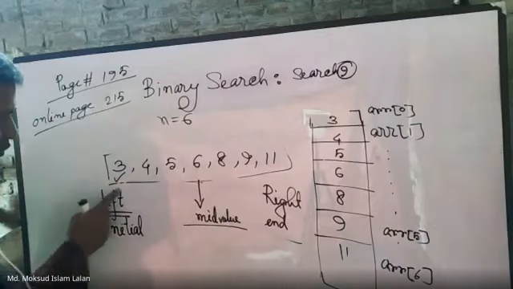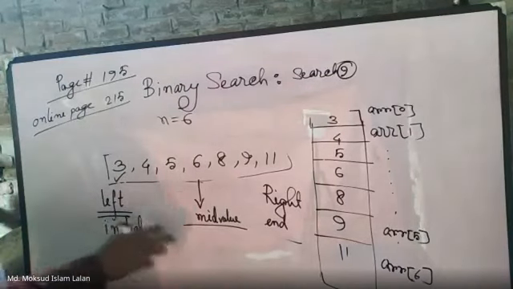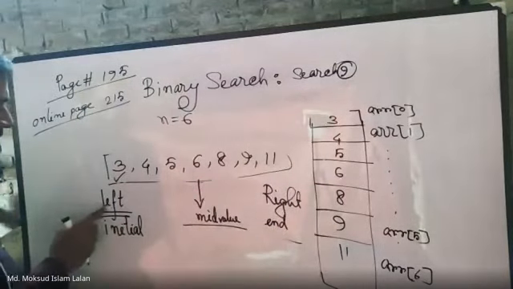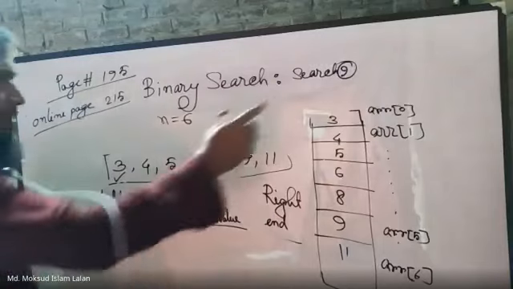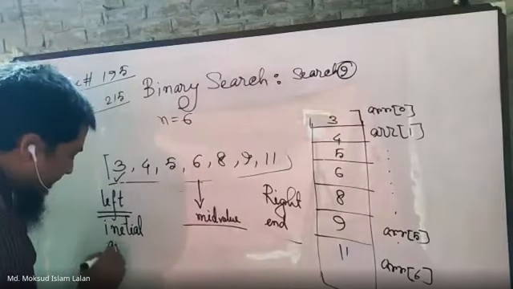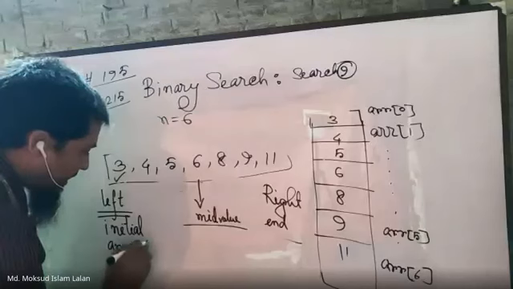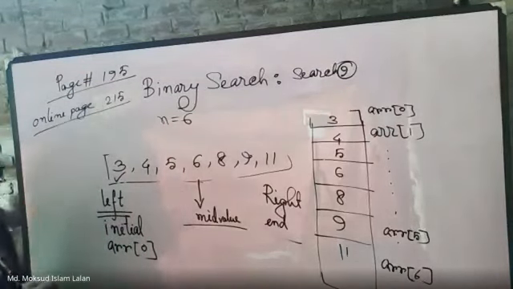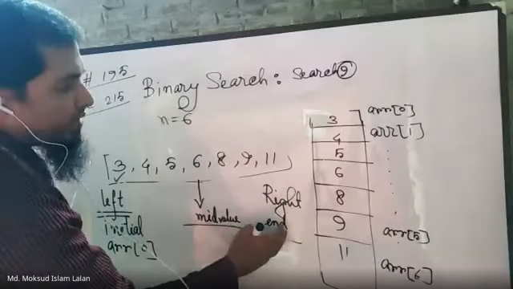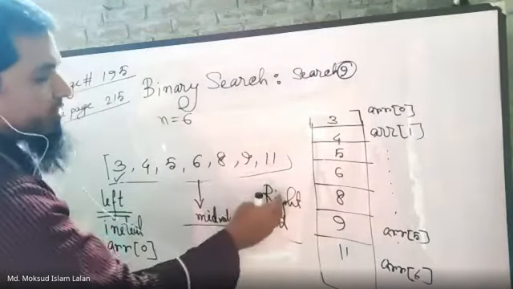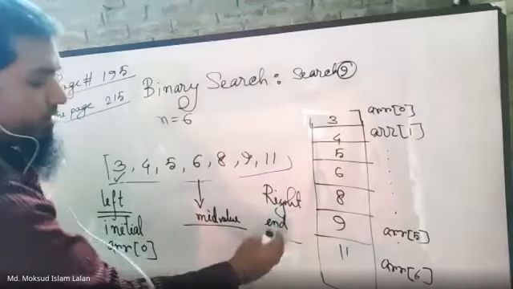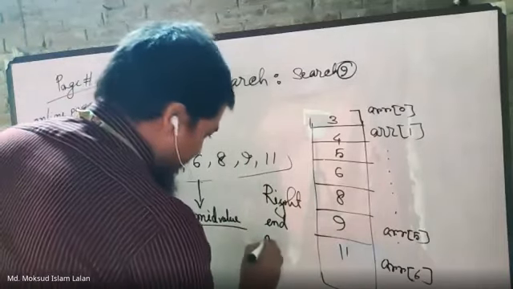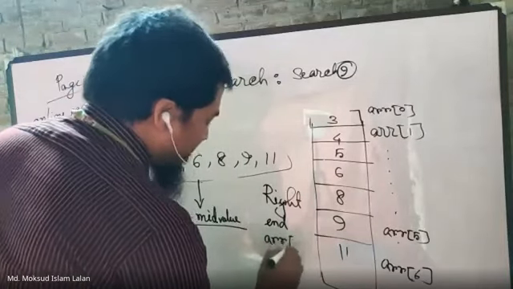So here, since we are introducing an array, instead of saying left or initial, you can say left means ARR at the beginning, ARR 0, right? Yes, sir. Right or ending or terminal, that is here ARR n.